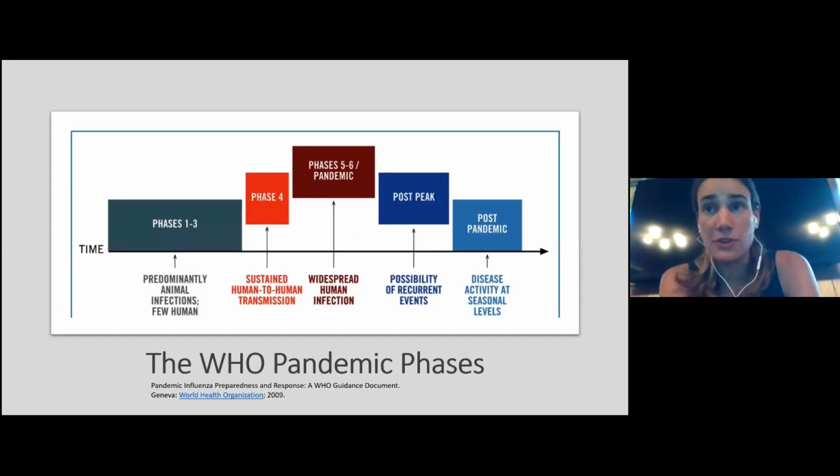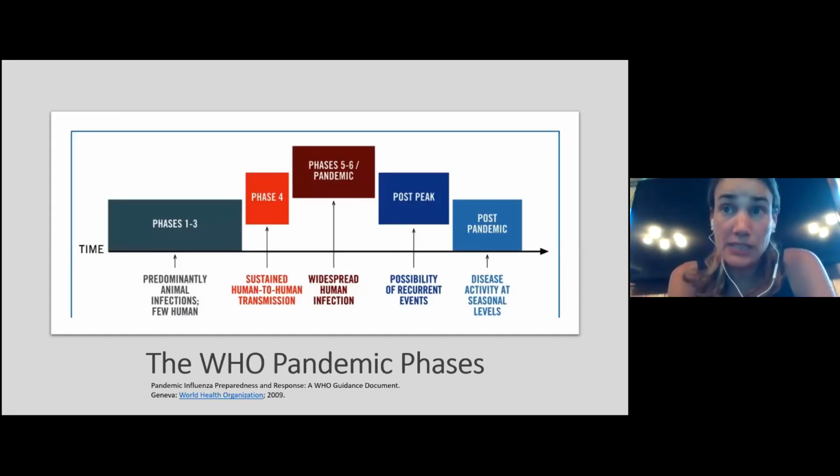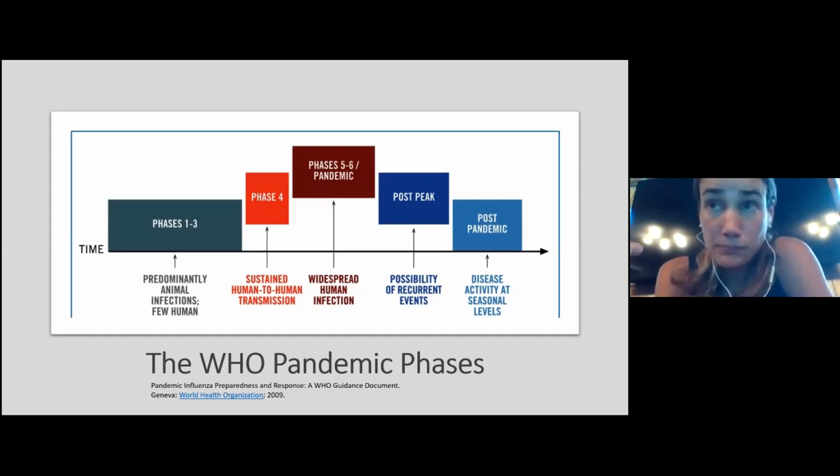Moving along, this is another core element of knowledge. The WHO pandemic phases are listed here. They correlate with some of the preparedness phases in emergency management. We're always trying to do risk analysis, mitigate the risk, prepare.